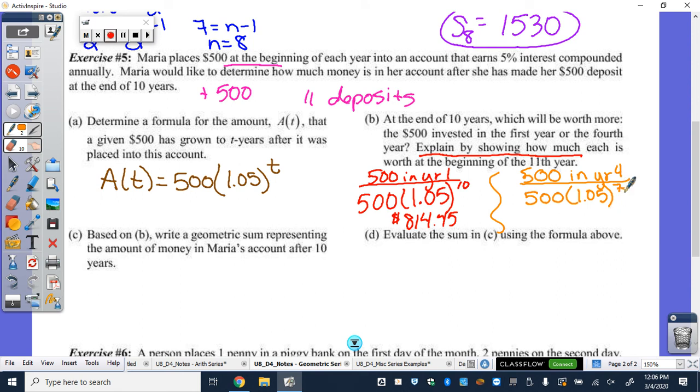Because it's put in at the beginning of year 4, so it earns the interest at the end of that year. So what do we get? $703.55. So as we probably all predicted, the $500 put in year 1 clearly earned more money.